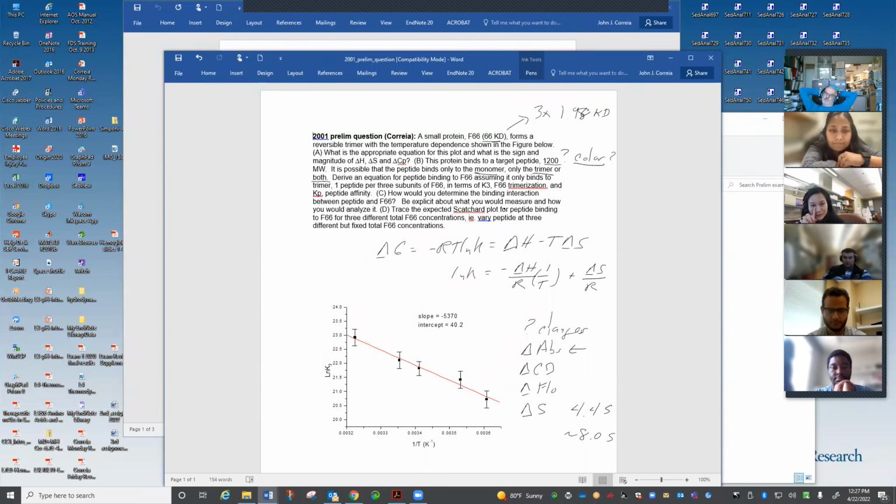You have to be able to think, I've learned this. I have learned about free energies and enthalpies and entropies and heat capacities, but how could I use that to help me solve a problem, yes or no? I've learned a little bit about absorbance, CD and fluorescence. How do I use that to solve a problem?